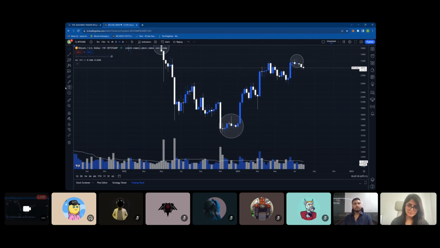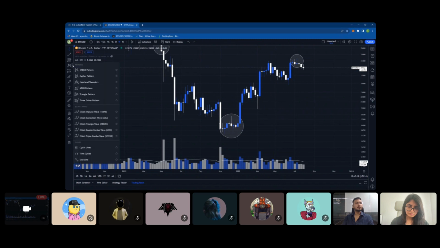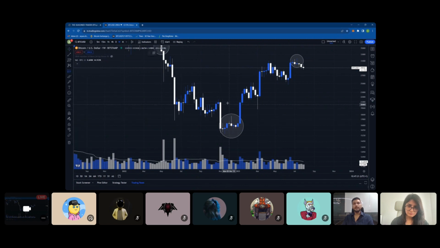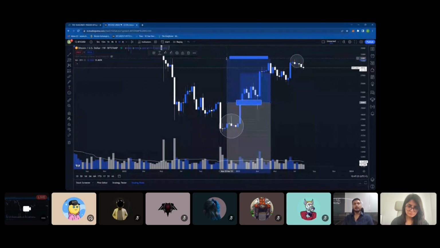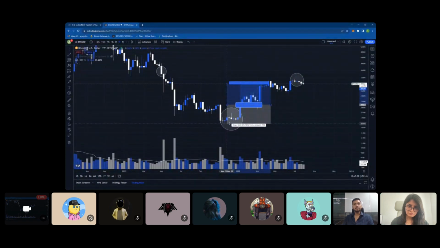So if I enter the trade here, my target is going to be twice my stop loss. So my stop loss is here, and my target is going to be somewhere here.